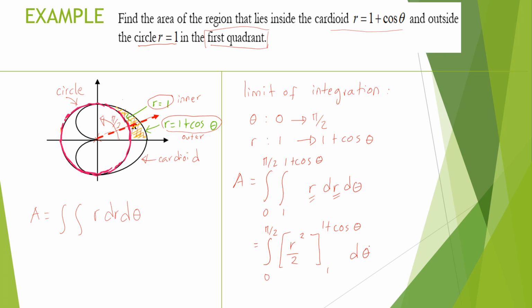Next, we substitute the value of r. So we get (1 plus cos theta) squared over 2 minus 1 squared over 2, d theta.